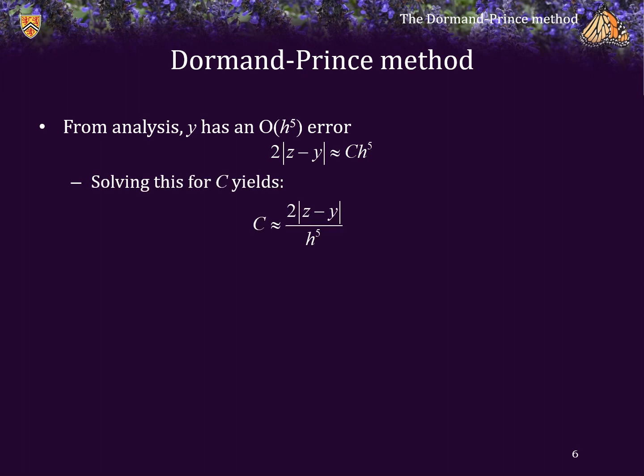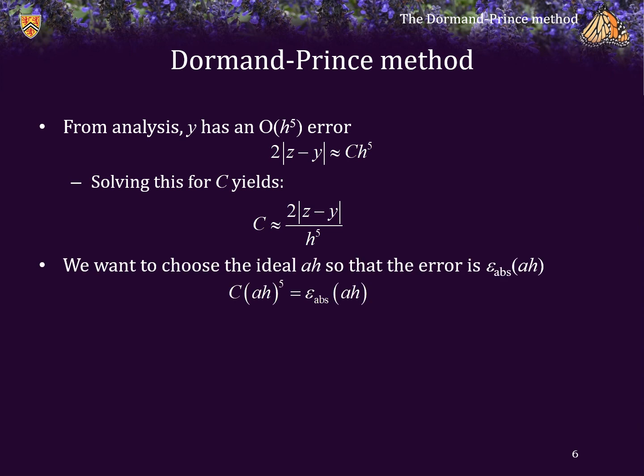We can solve for this unknown coefficient, or at least approximate it, by dividing both sides by h to the 5. Now, just as we wanted to before, we want to choose the ideal width, that is, a scaling factor a times h, so that the error is exactly equal to epsilon abs times the width of the interval.